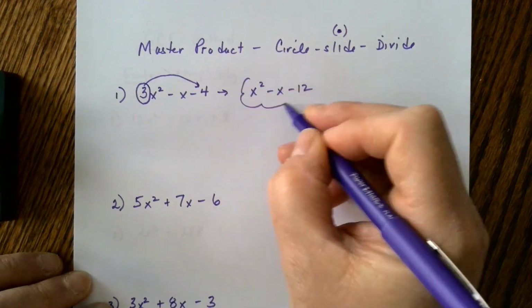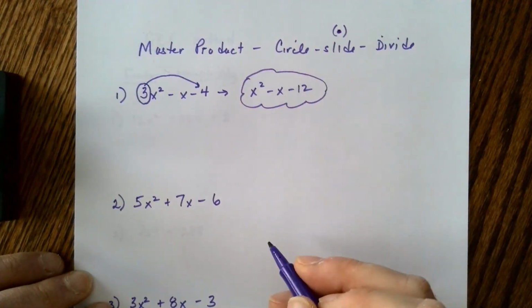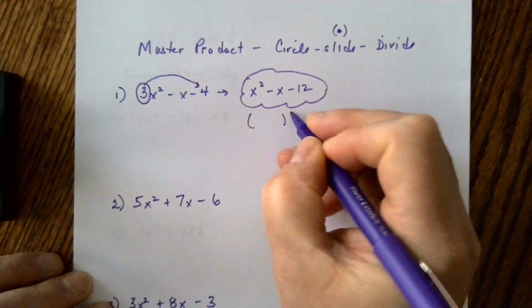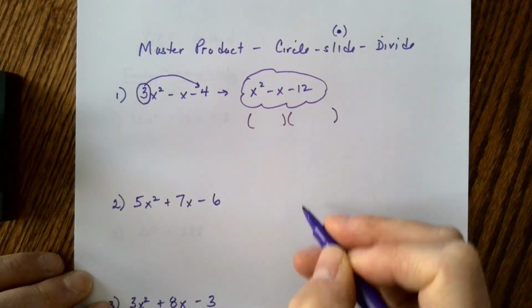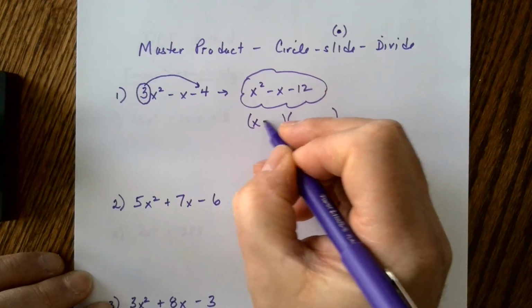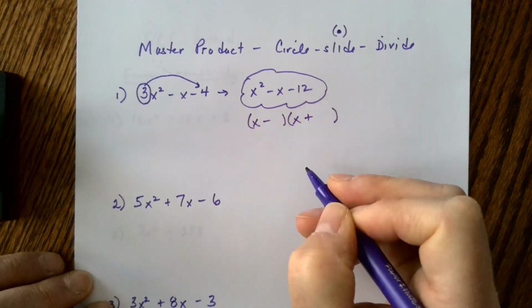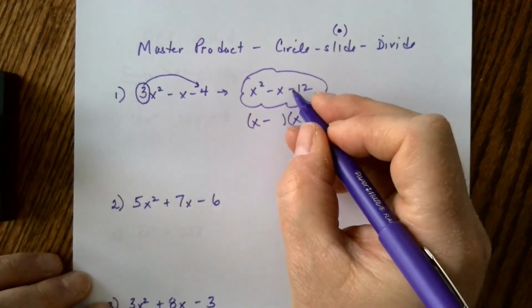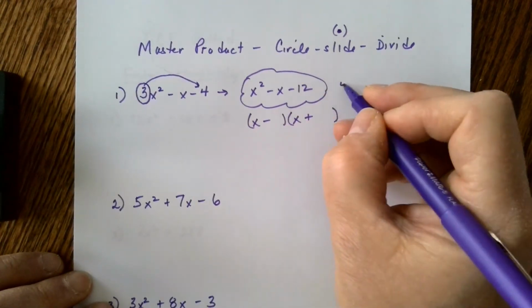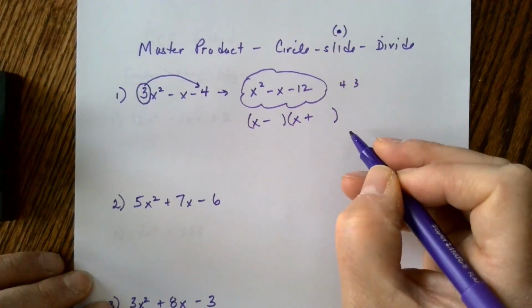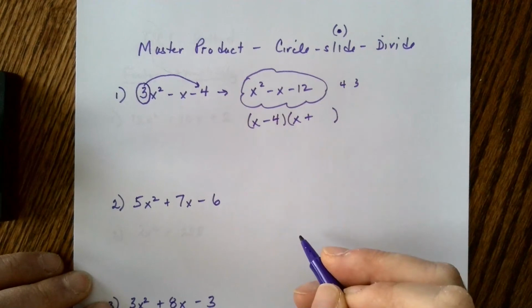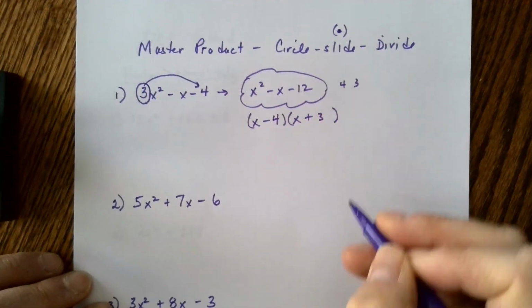And now we're going to factor this new quadratic. Using our quadratic patterns, our last term's negative, so it's going to be x minus and x plus. We're looking for two numbers that multiply together and give us 12, but subtract and give us 1. That's 4 and 3. I want my middle term to be negative, so obviously the 4 is going to go with the negative and the 3 with the positive.